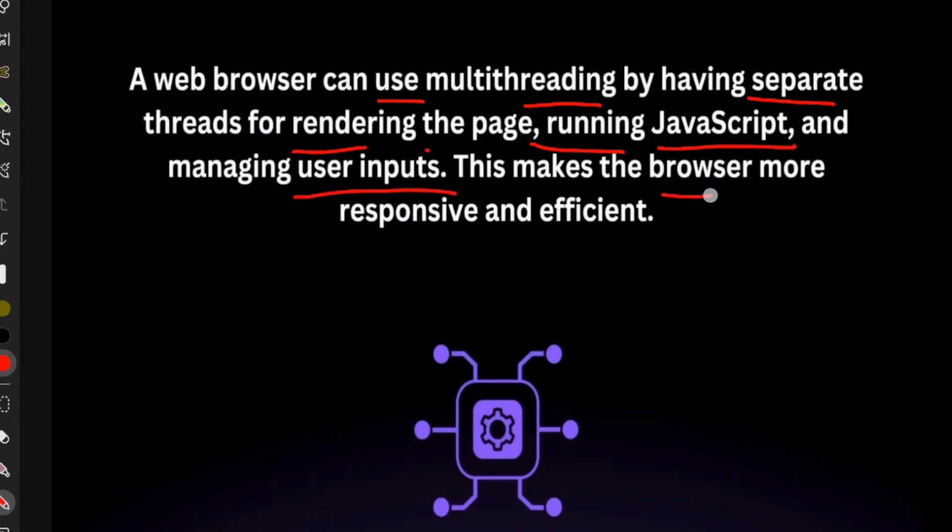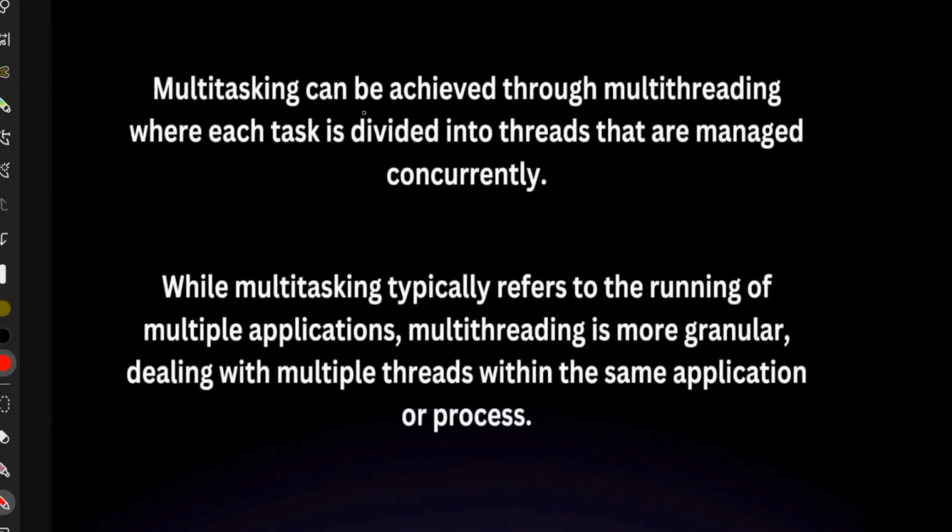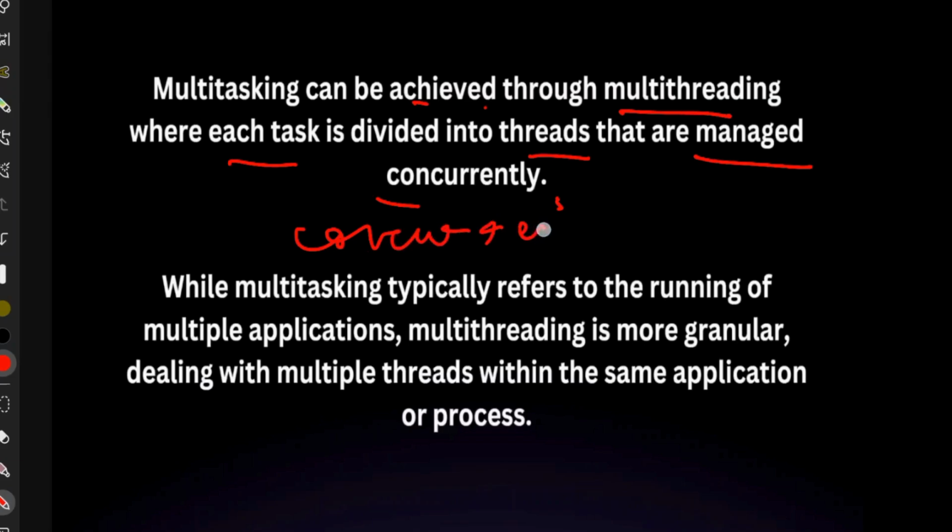Moving on, multitasking can be achieved through multi-threading, which is pretty self-explanatory, where each task is divided into threads and they are managed concurrently. Concurrency and parallelism are two important properties of a thread. That is, they can be managed concurrently and they can be run together, which is in parallel, which is known as parallelism.